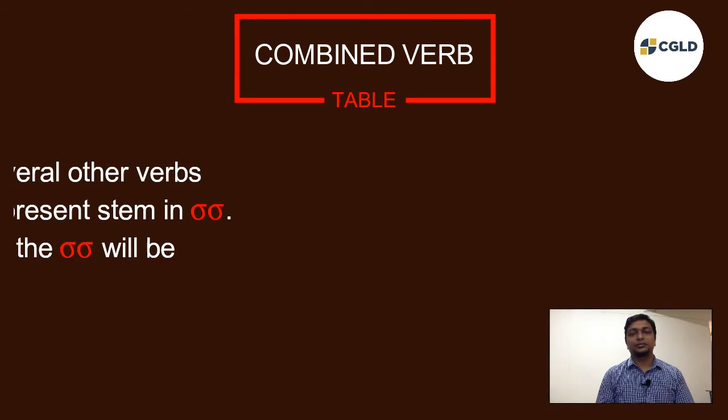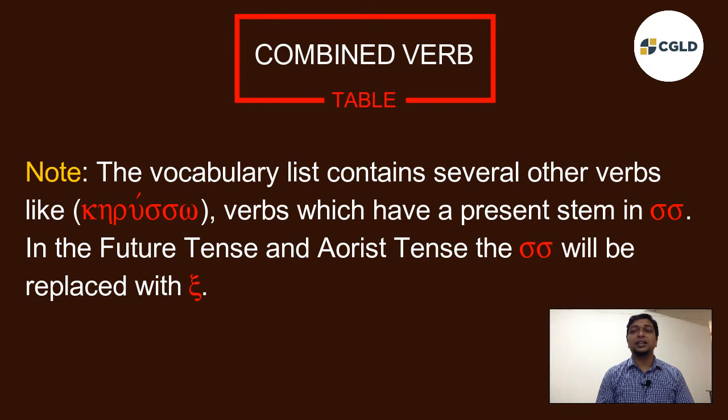Note, the vocabulary list contains several other verbs like karusso. That's the last word in that table. Verbs which have a present stem in double sigma: in the future tense and aorist tense, the double sigma will be replaced with a psi.